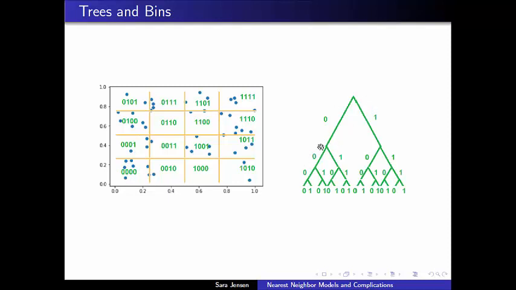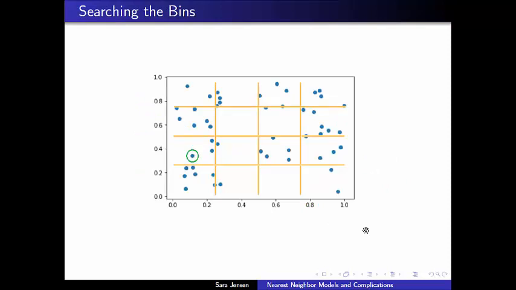I went left and I went down, and then I went left and I went down again, gets me over here, etc. And so we have these bins over here, and we have a corresponding path that we walked to reach that bin on the tree on the right, a series of choices we made in order to reach that particular bin.